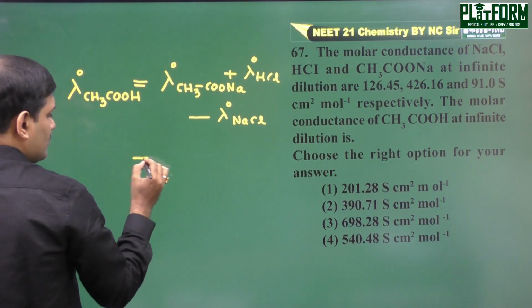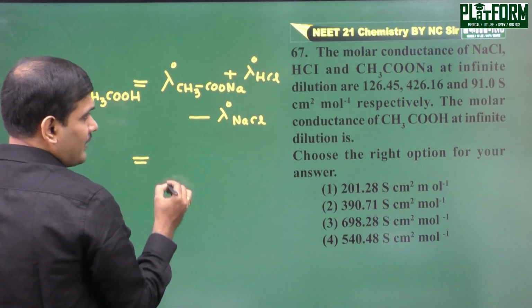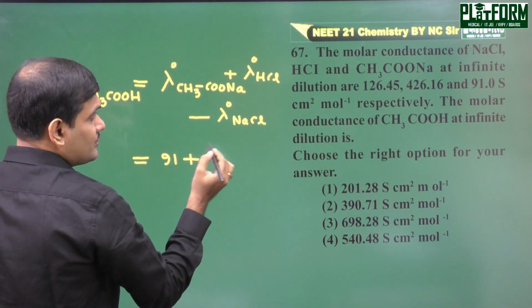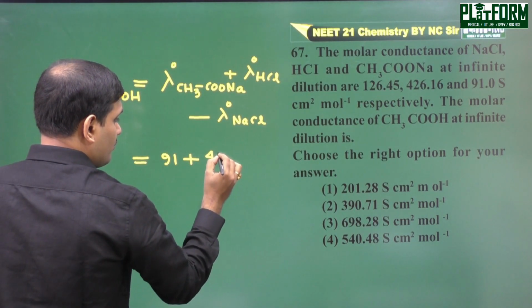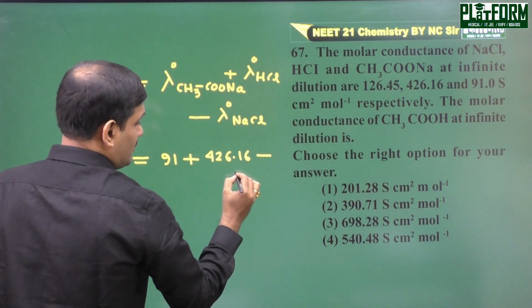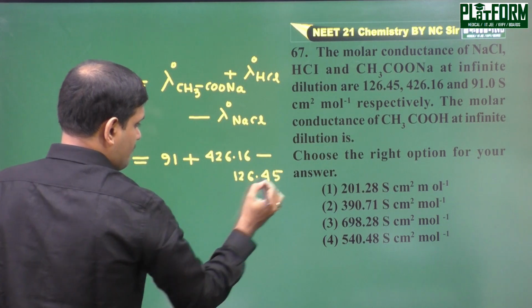Just put these values, all the values are given. CH3COONa, the value is 91, plus HCl, 426.16, minus 126.45.